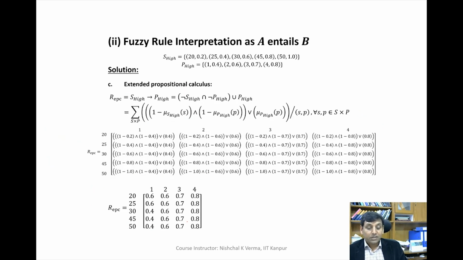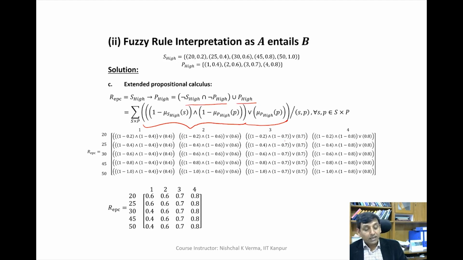Now, the third one is based on extended propositional calculus. For computing the extended propositional calculus, we take basically the union of negation of S high intersection negation of P high, and P high here.